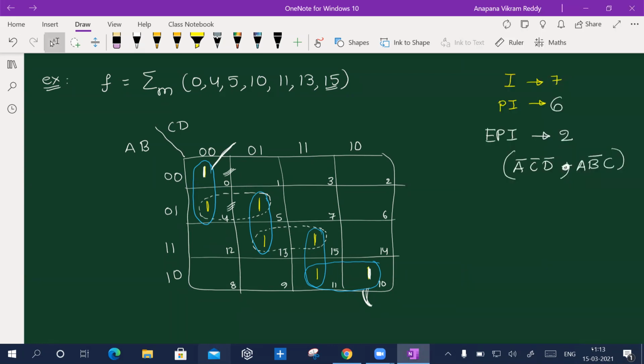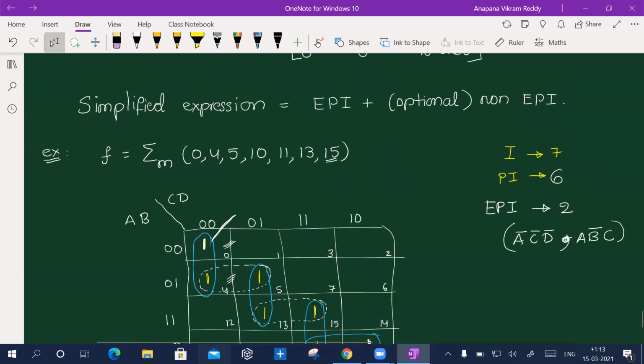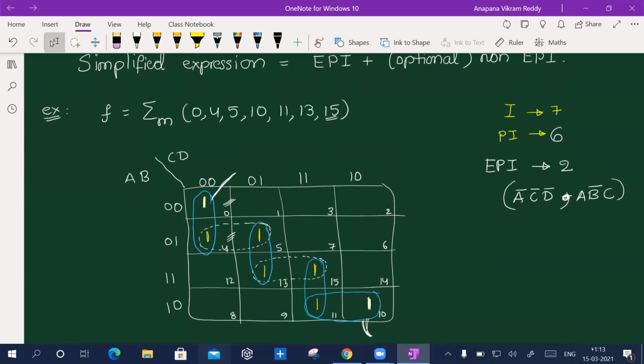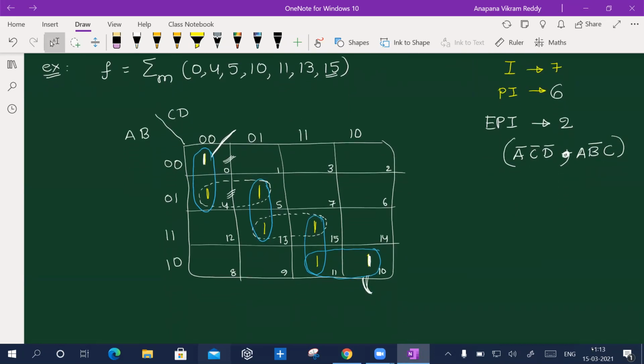Now, how can we justify this simplified expression equal to EPI plus optional non-EPI? EPIs are always these 2.